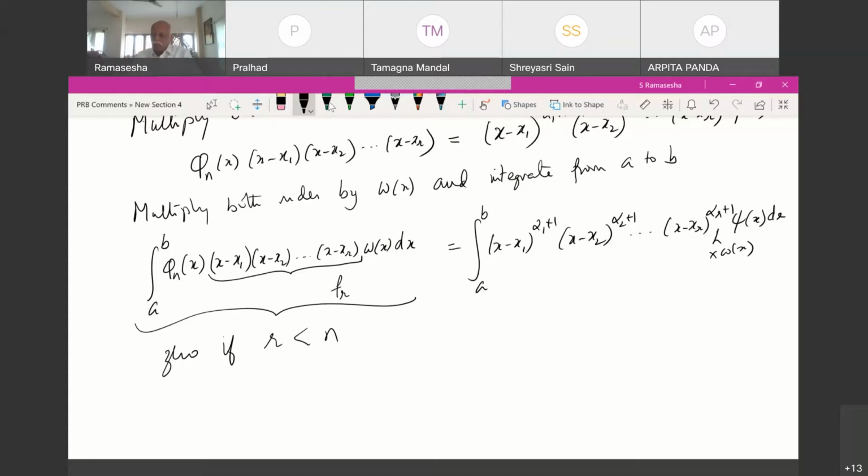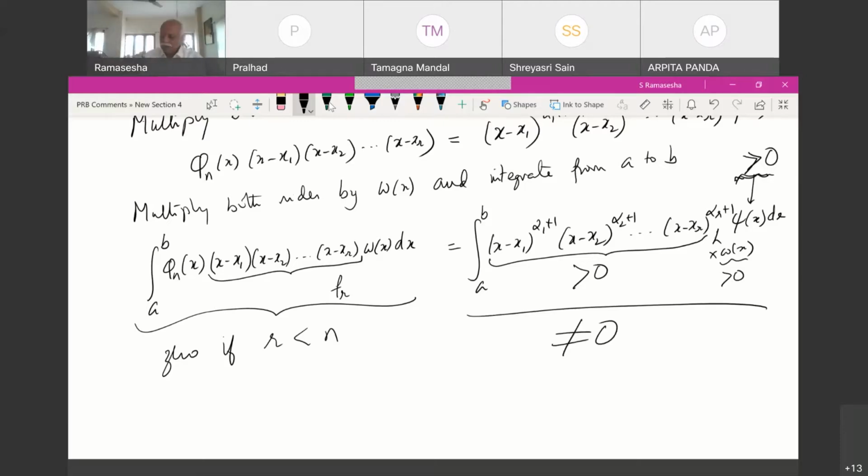So also all the others, right? So this is completely positive, always greater than 0. w x is greater than 0. Also, here x minus x j to an even power is also greater than 0. Okay. So this cannot be 0.